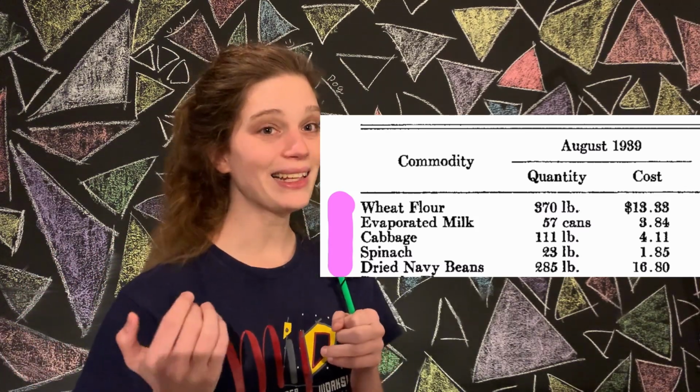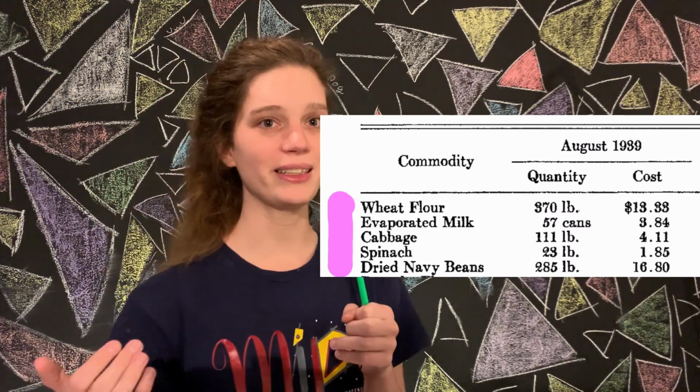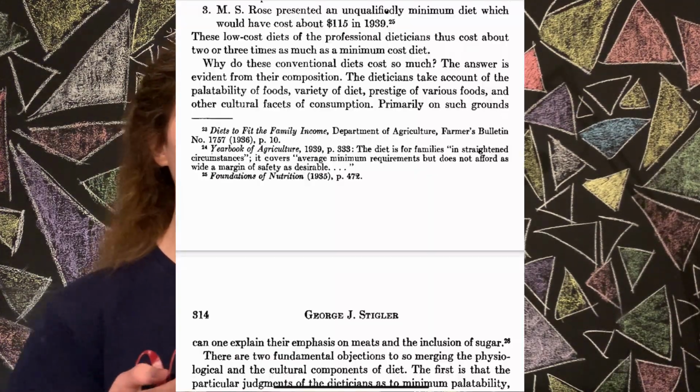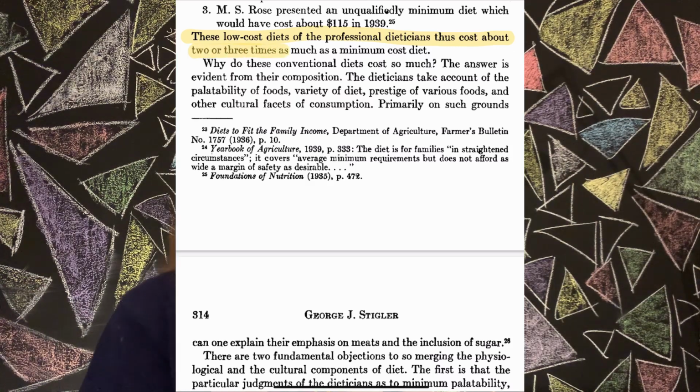It costs less than $40 for a full year, which he observes is 2 to 3 times cheaper than existing low-cost recommendations. He goes on to write, "These low-cost diets of the professional dietitians thus cost about 2 or 3 times as much as a minimum cost diet."